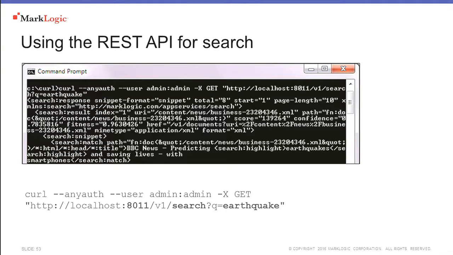And then you would see the results coming back very similar to what we just saw, where you would have your search highlight, the word that was searched on, and any snippet text before and after where that word was found that you could then use in your application code.